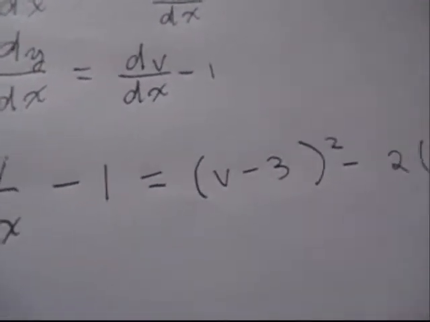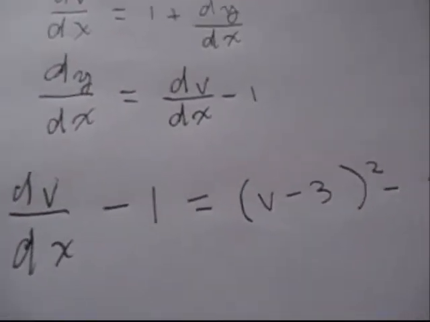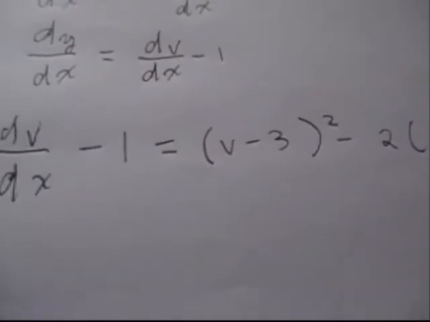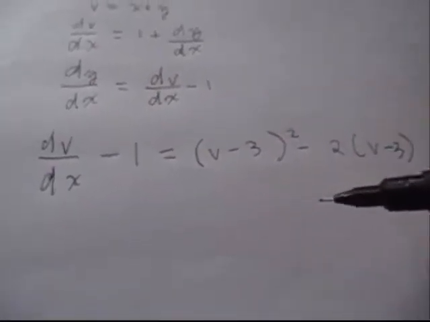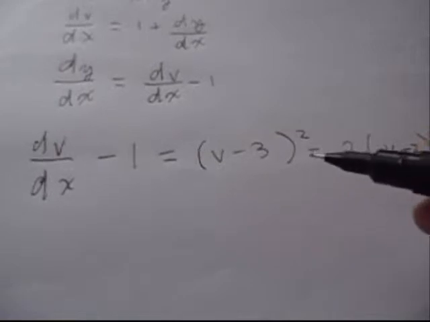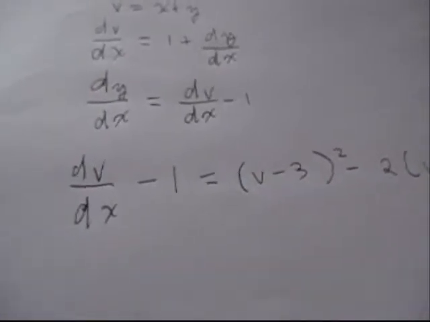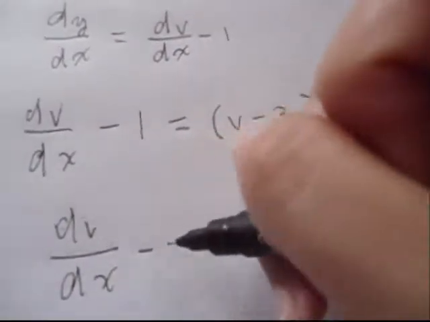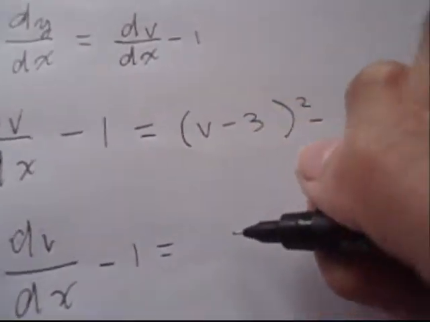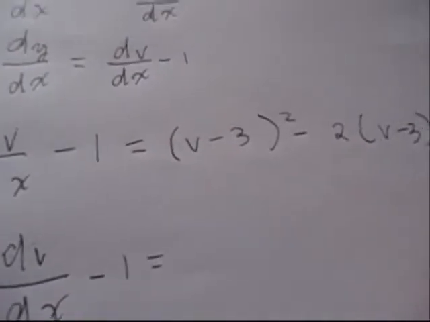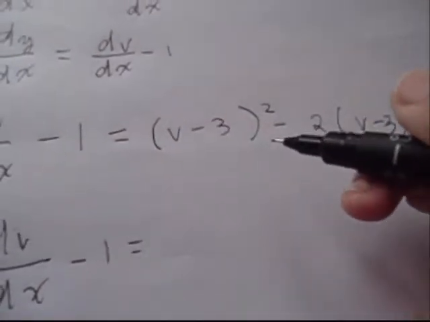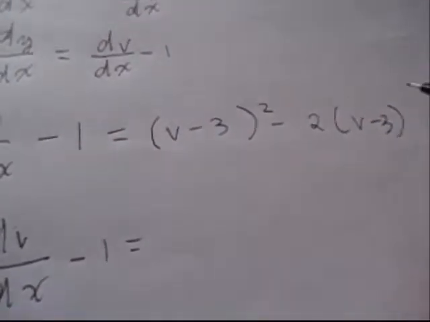Now that we have that, we need to simplify it further so that it would be easier for us to integrate later. So we have dv over dx minus 1 is equal to, at this moment we'll factor out v minus 3 because it is common to both terms.